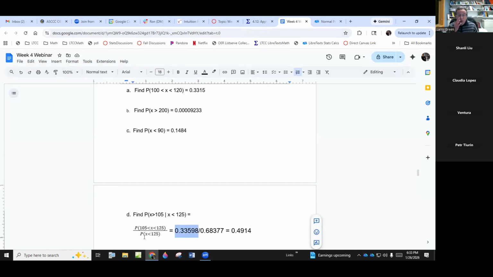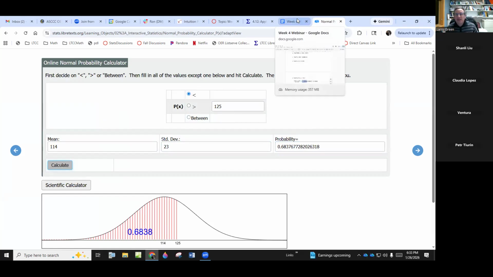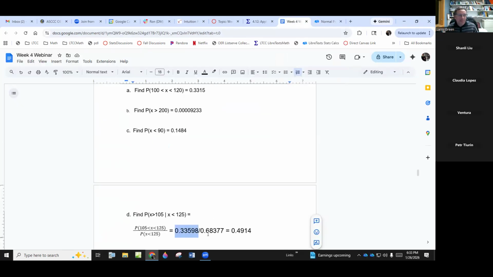And then we got to divide it by the probability that X is less than 125. So now we have less than 125 and erase the probability. And that gives you about 0.6838 or so. Okay. And then divide, you definitely need a calculator to divide that, and you get about 0.4914. A little less than half.